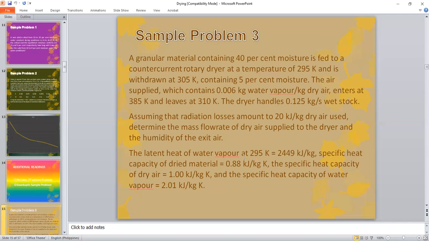So take note that this latent heat of water vapor is not based on 100 degrees Celsius, but only at 295 Kelvin.